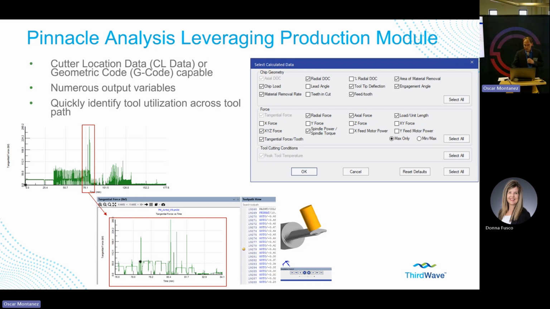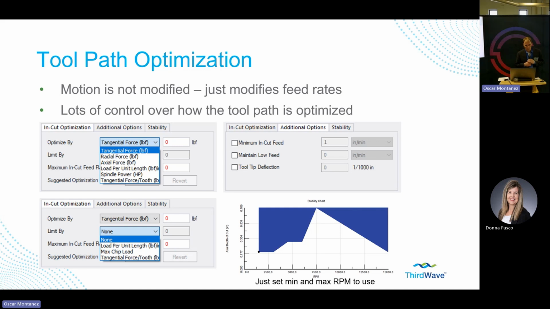So moving on to the optimization, we have the capability to look at all of these optimization parameters here: tangential, radial, axial, load per unit length, horsepower, and tangential force per tooth. These are what the optimization algorithm is going to try to hit for every instance in your toolpath.